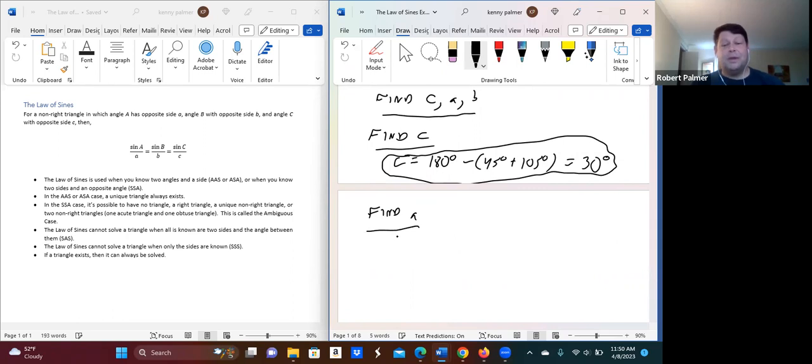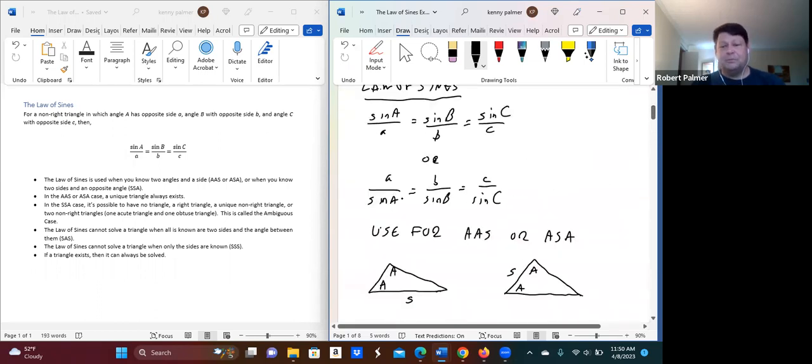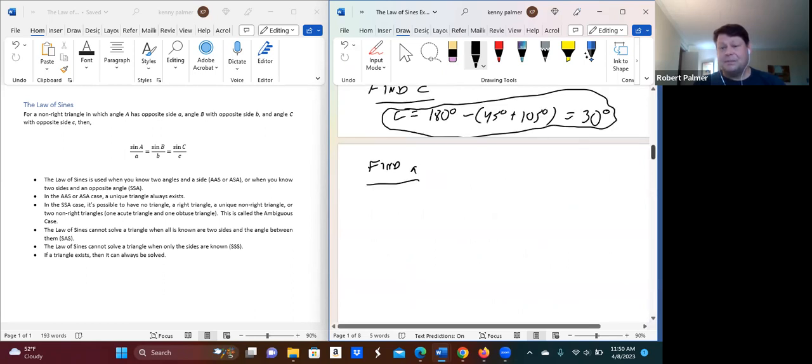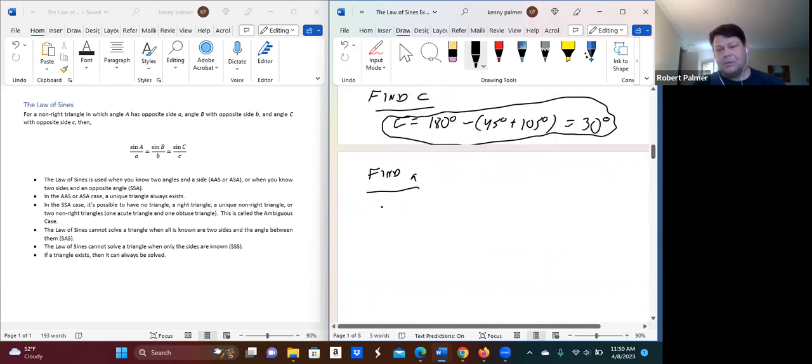If you use the law of sines, the best thing to do is use it in the reciprocal version, because we're looking for side A. We're given side C, so A over sine of angle A equals C over sine of angle C. Now let's plug in everything.